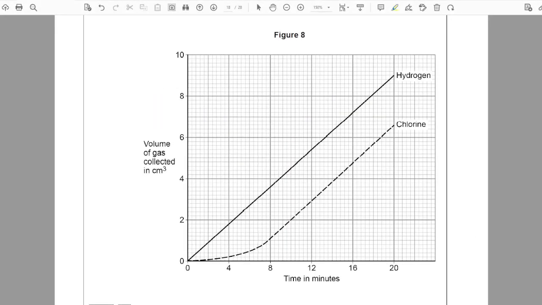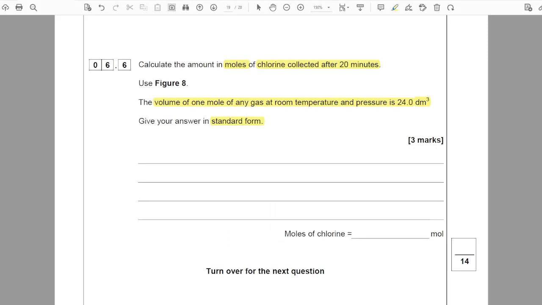Reading off the graph, 6.6 centimeters cubed of chlorine is produced. We also know that 1000 centimeters cubed make up 1 decimeter cubed, and as stated in the question, 24 decimeters cubed is 1 mole. Therefore, 24 decimeters cubed is also equal to 24,000 centimeters cubed.